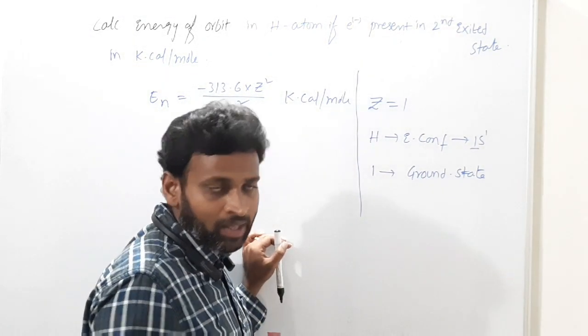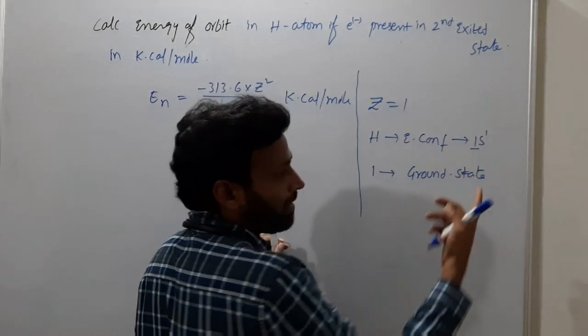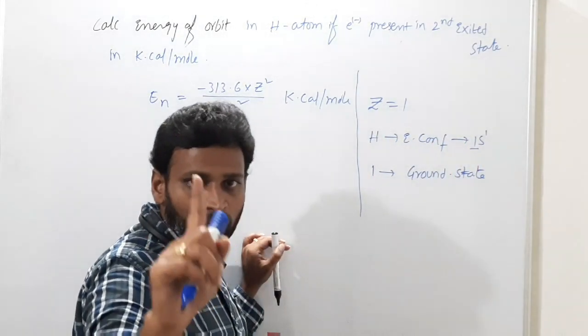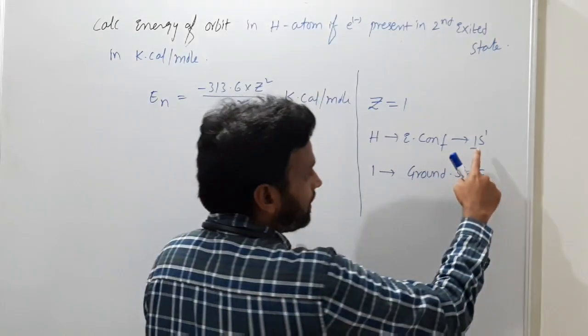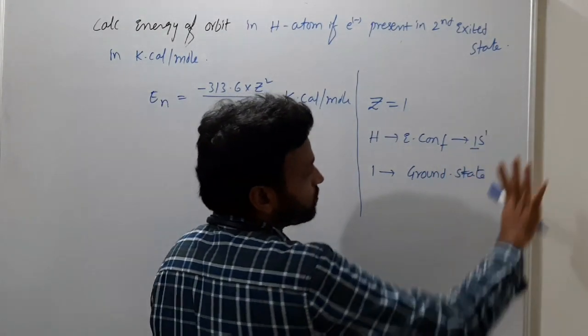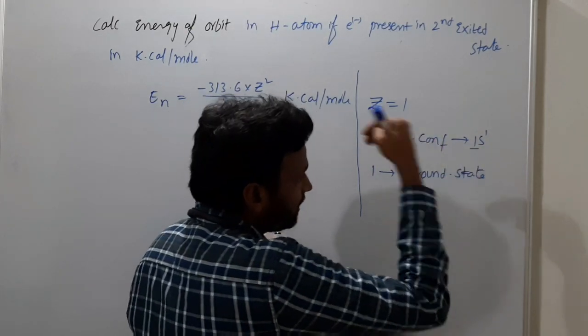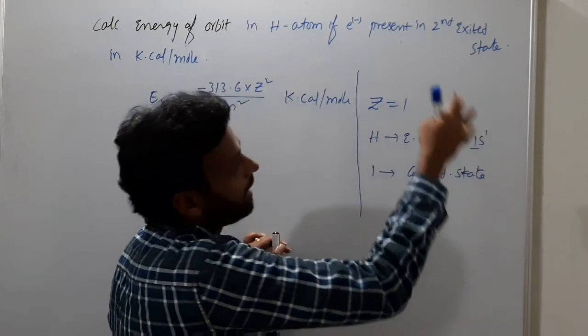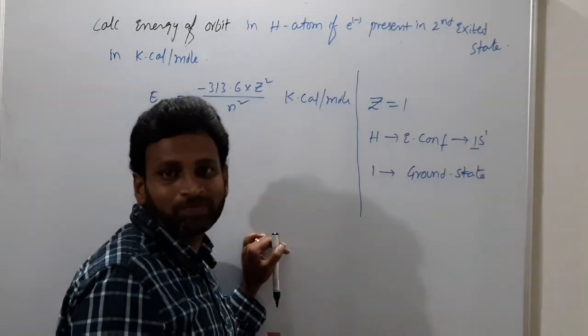Okay, ground state. Actually for hydrogen you don't have that problem because it has only one electron. That electron is present in the first shell because you have 1s1, only one electron and only the last electron.